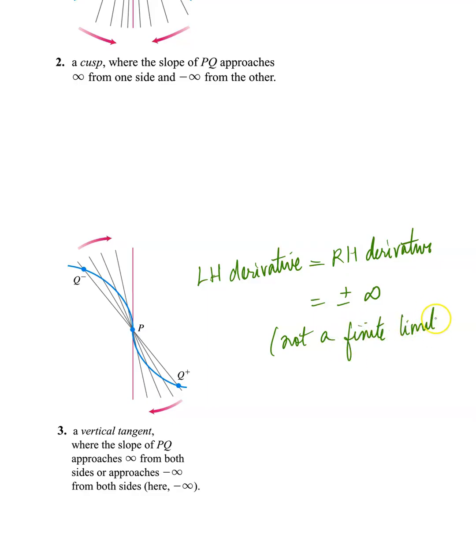It should be a measurable number. Infinity is not a number. So the left and right side have the same value, positive infinity or negative infinity, but we have the issue that it's not a finite limit.